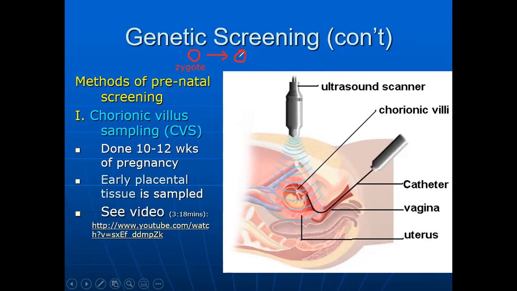The size of the embryo is still similar to the size of the zygote because the cells only divide but do not grow in size. So you have the same structure size, but a lot of cells inside it because of repeated mitotic division. We call this the morula, which is a ball of cells.